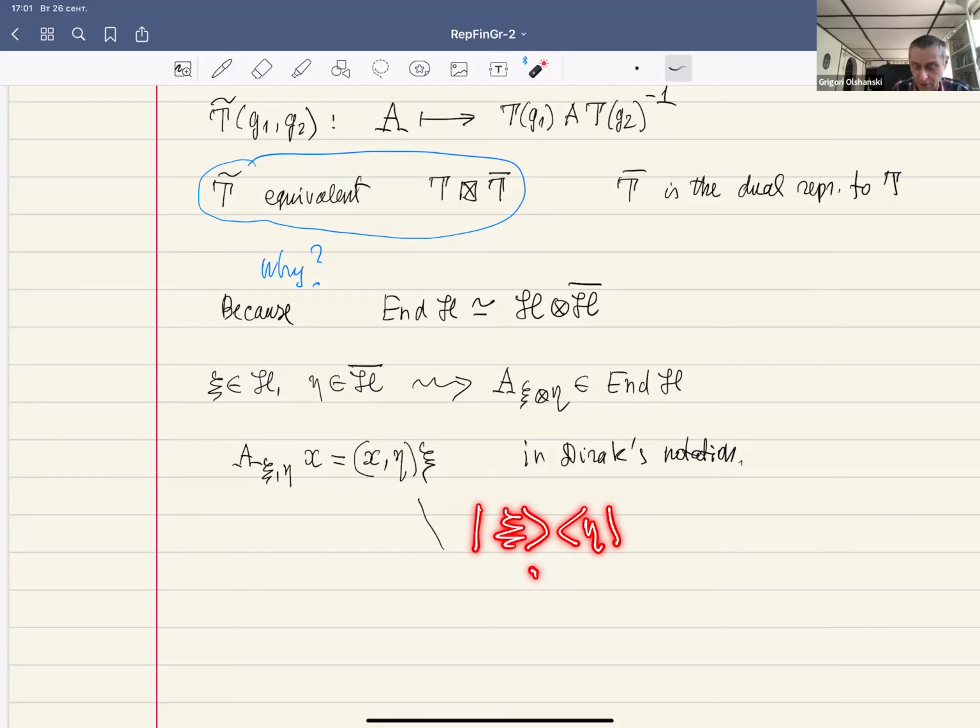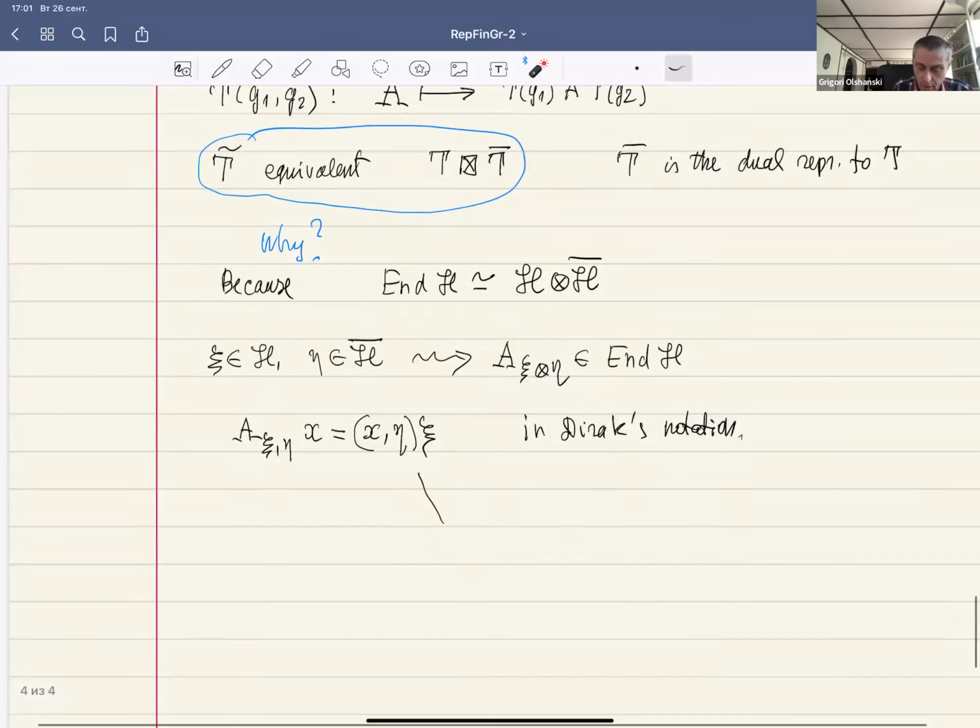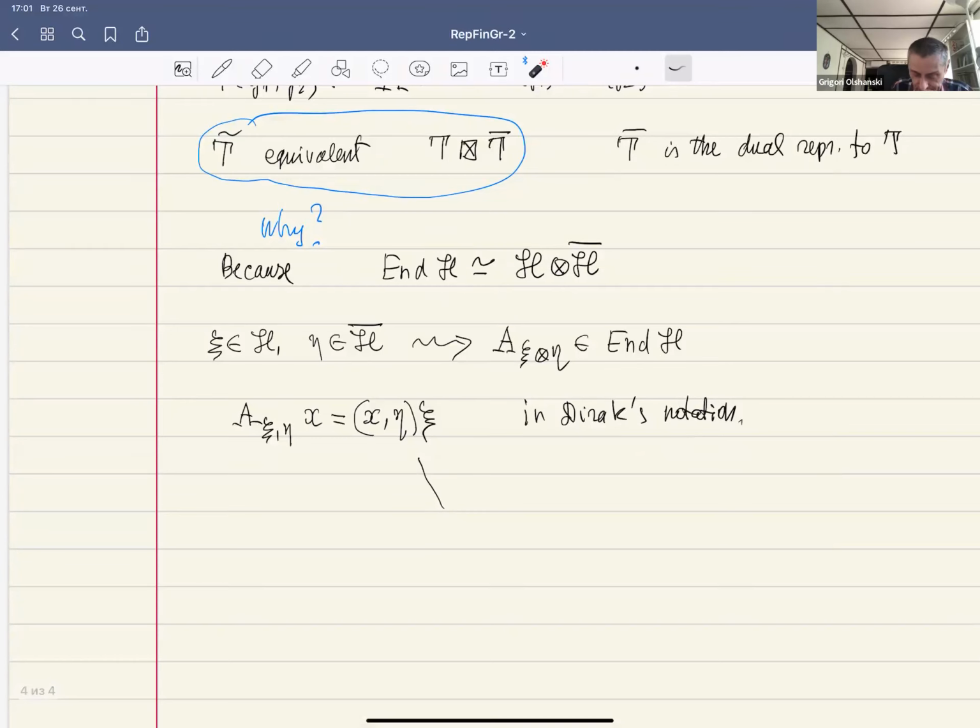I'm using the notation of Dirac. Okay. So let me emphasize that this object is linear in xi and anti-linear in eta. This is seen from the right-hand side, because this is linear and this is anti-linear. Okay. So this is a linear operator of rank 1.